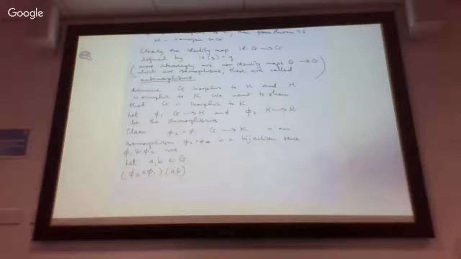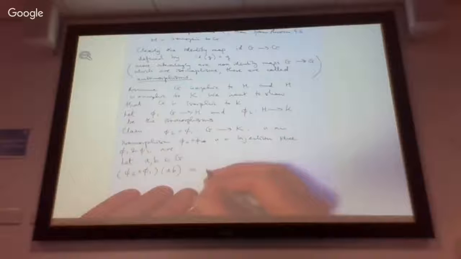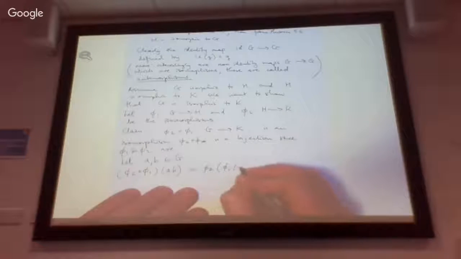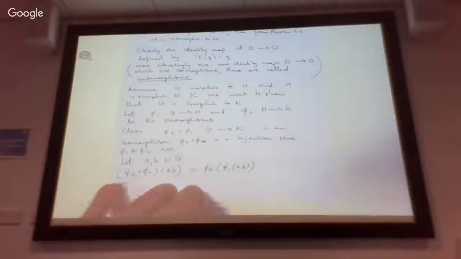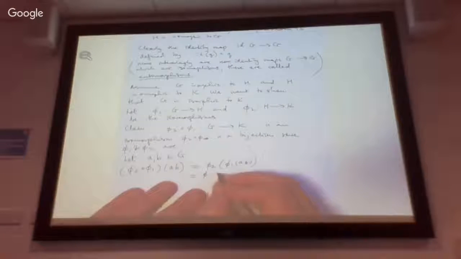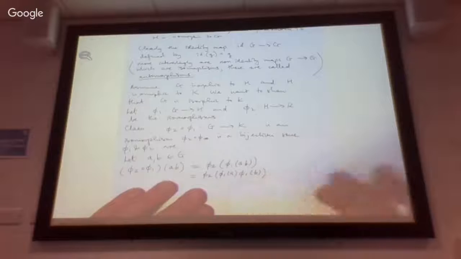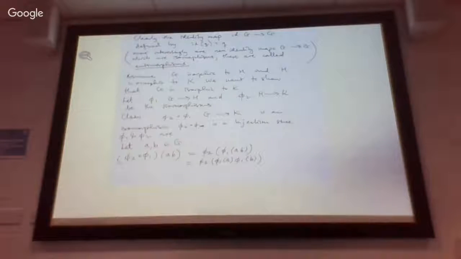Well, this is equal to, by definition of composition of maps, phi2 of phi1 of the product AB. This is the definition of what we mean by composing maps. But phi1 is an isomorphism, so phi1 of A times B is equal to phi1 of A times phi1 of B. That's true because phi1 is an isomorphism.